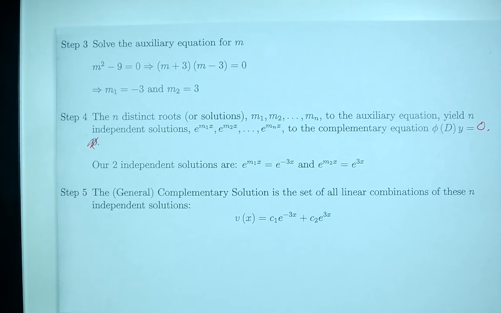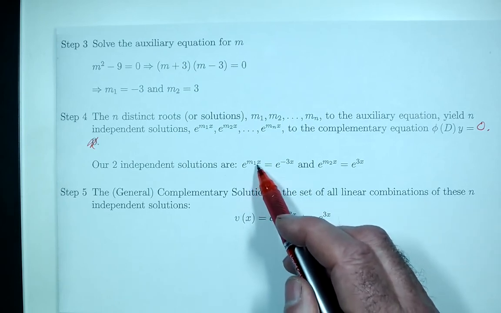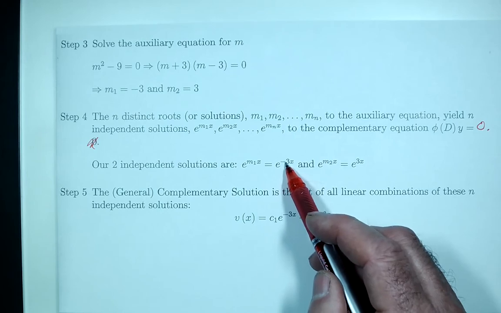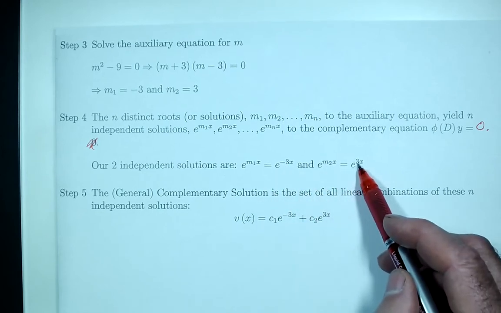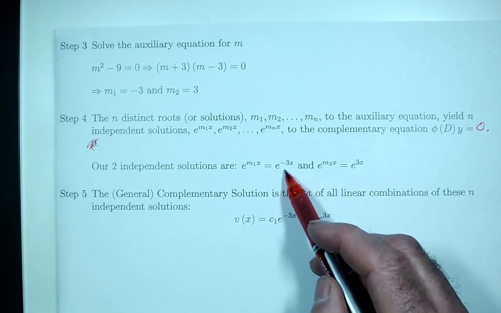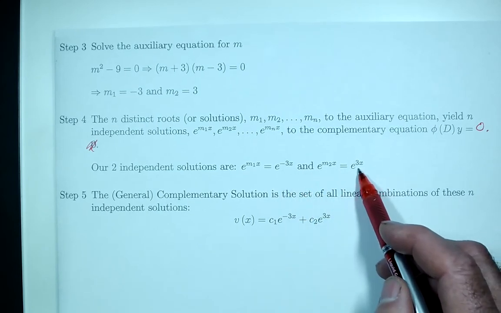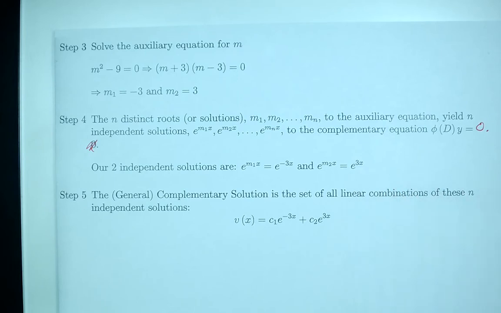Well, we have two independent solutions, e to the m1x, where m1 equals negative 3, and e to the m2x, where m2 is positive 3. So e to the negative 3x and e to the 3x are our independent solutions for the complementary equation.